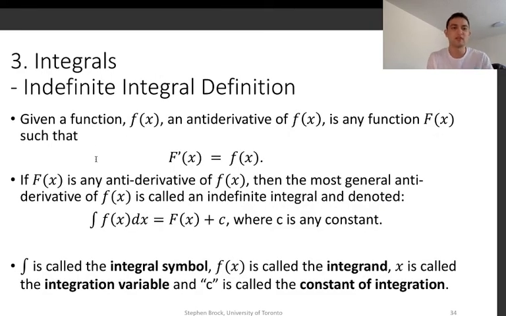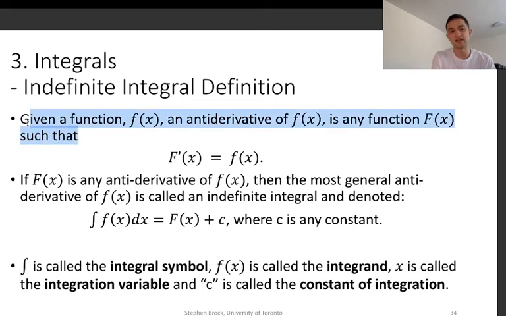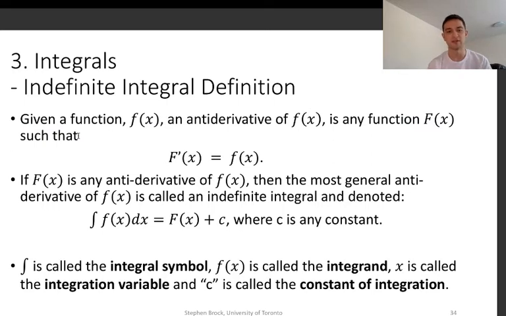Alright, so I'm going to start with the definition of an indefinite integral. Knowing the definition is important, but understanding the definition is more important. So, given a function f of x, an antiderivative of f of x is any function capital F of x such that F prime of x is equal to f of x.